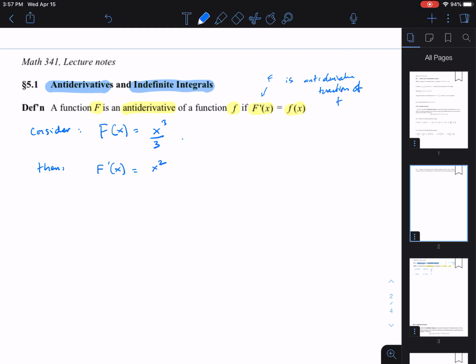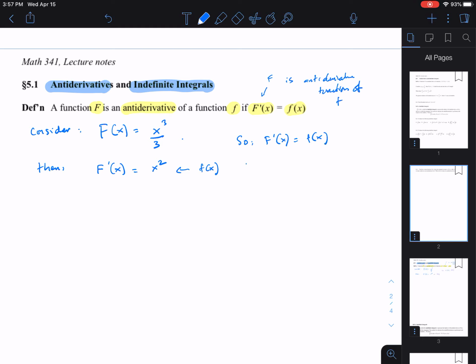All right, so the power rule says that 3 comes down, so 3 times 3 over 3 is 1, and subtract the power by 1, so that gives us x squared. In this case, we can call this function lowercase f of x, so we have F prime of x equal to lowercase f.